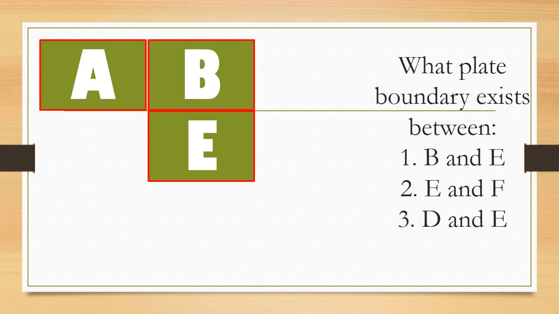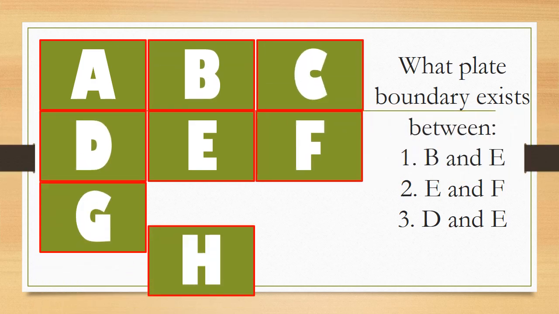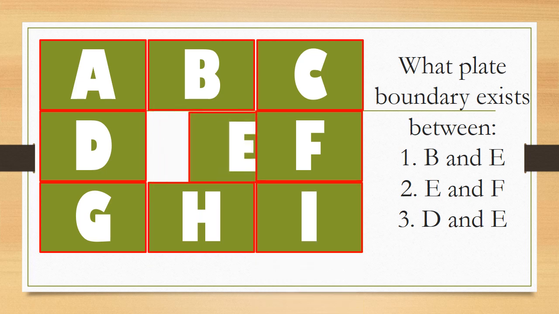So let us try another one. Suppose that these blocks represent lithospheric plates of the Earth, and block E moved towards F. What plate boundary exists between blocks E and B? They slide past one another, and therefore it is a transform fault boundary. How about the boundary between blocks E and F?